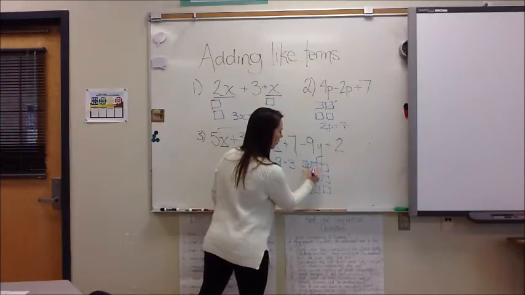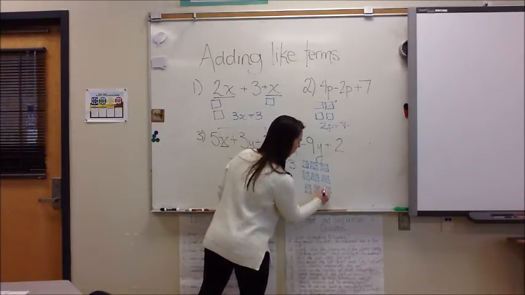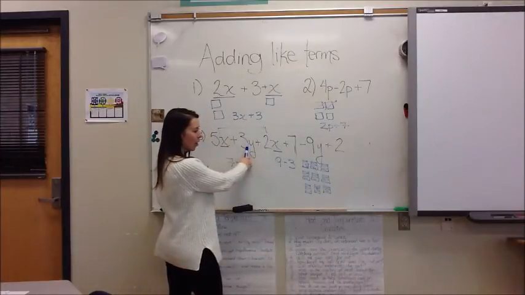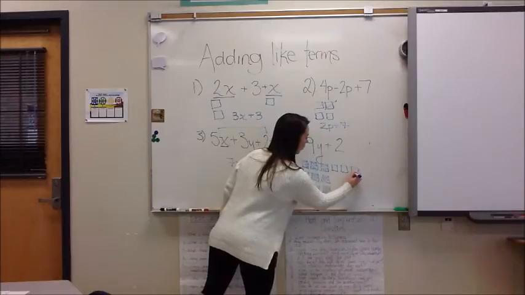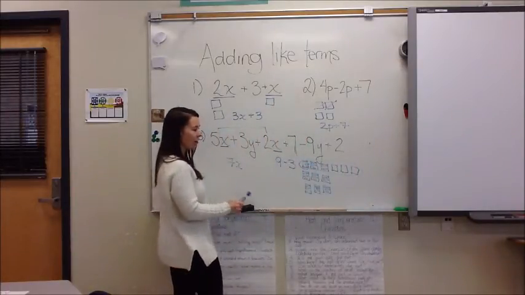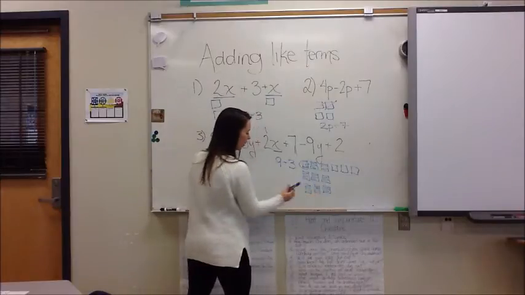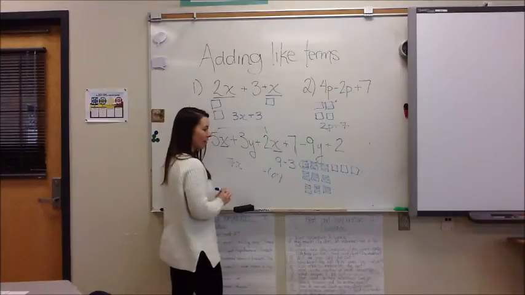I'm going to color them in to represent my negatives. And I'm going to add 3 positives. Those cancel each other out because they become a 0 pair. What we're left with is 6 negative y tiles.